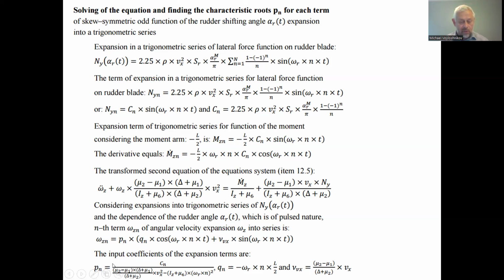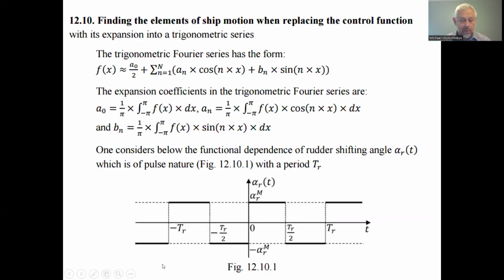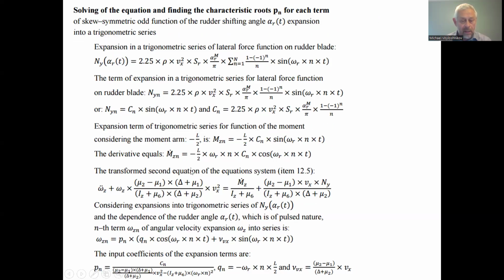Instead of this total grid, we use the designation Pn. Here is a fraction, and we have C, the coefficient got previously, a coefficient not dependent on time, from when we defined the term of the expansion of the Fourier series of the transverse force.